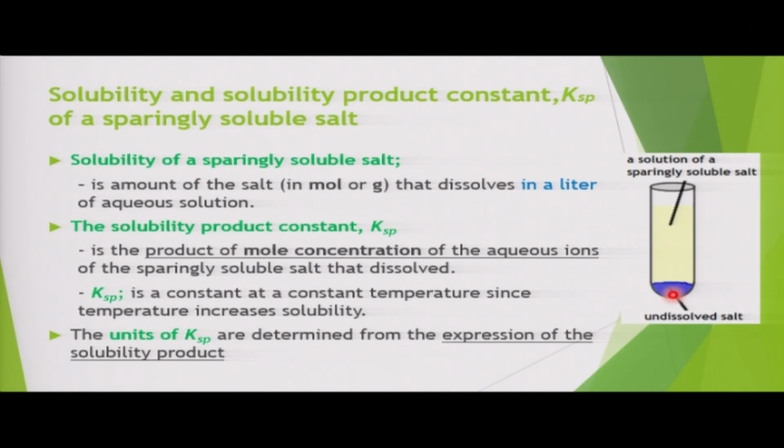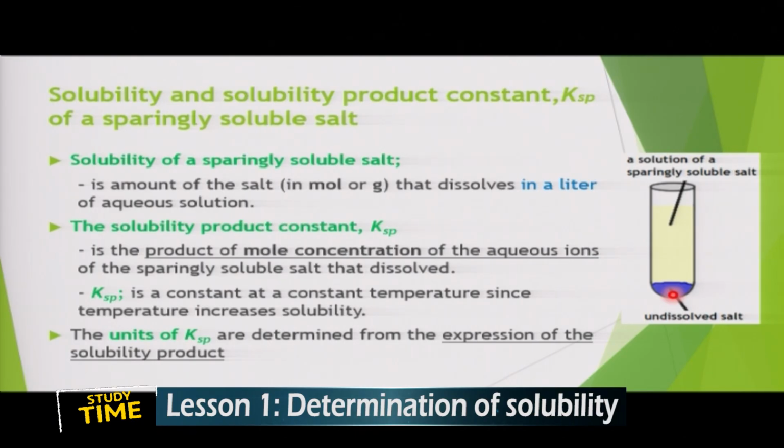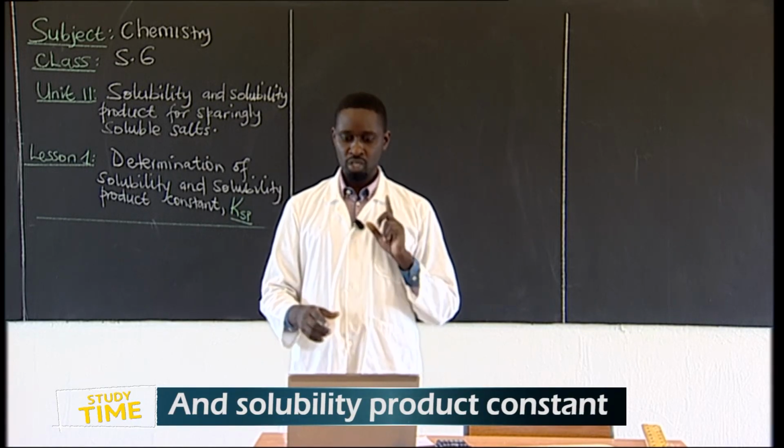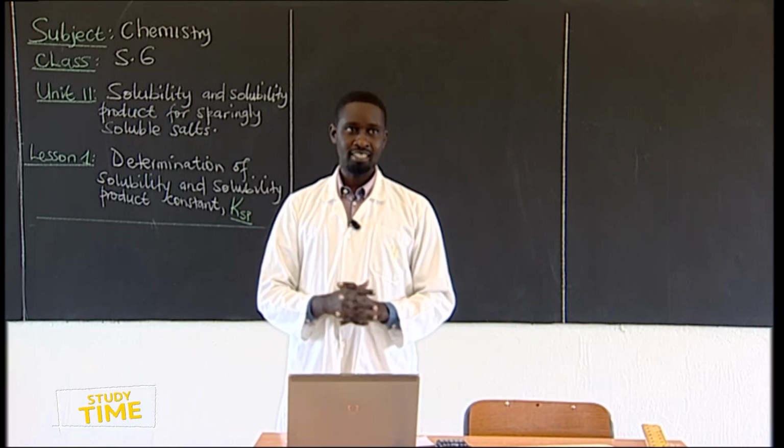So it sets up an equilibrium, and that is where we have the solubility product constant. It is also affected by temperature like any other equilibrium aspect, and its units are formulated from the expression which we are just looking at.